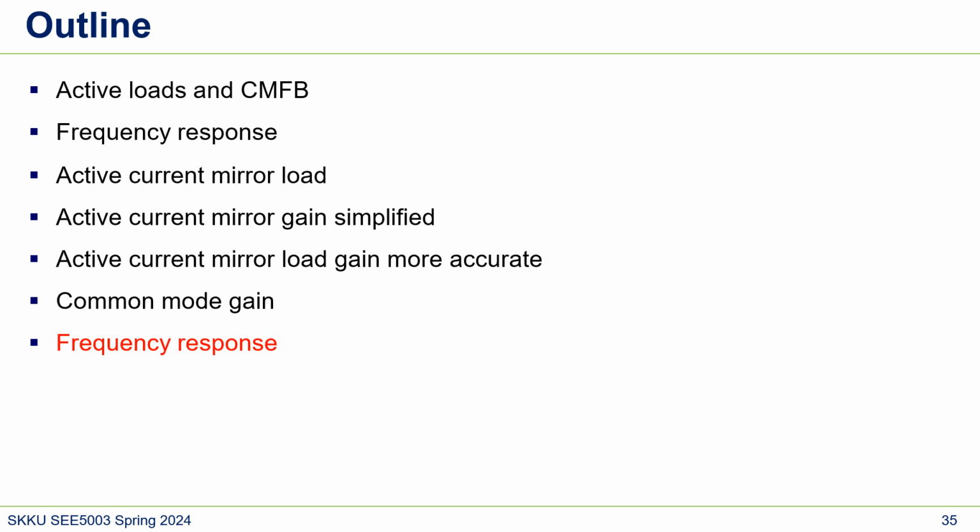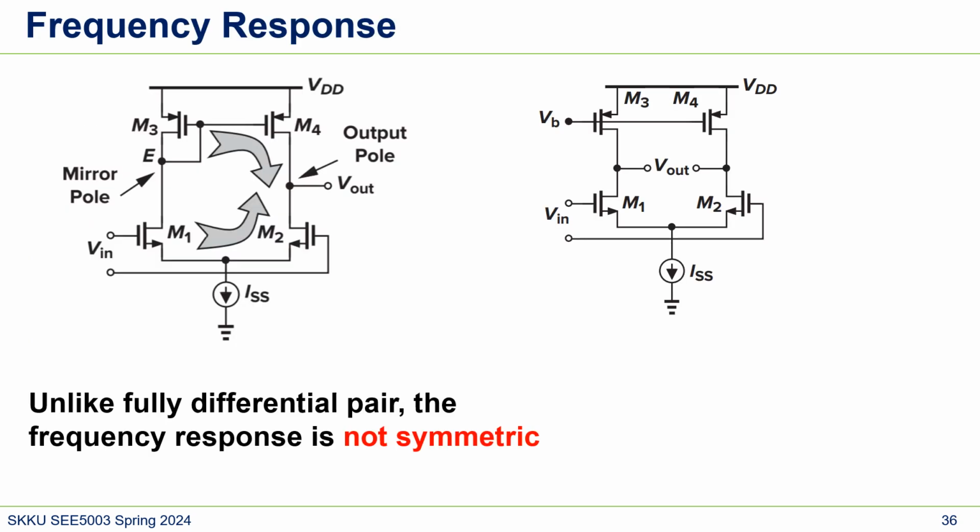Next is the frequency response. The key point of the frequency response in this active load single-ended amplifier is that it has 2 poles.